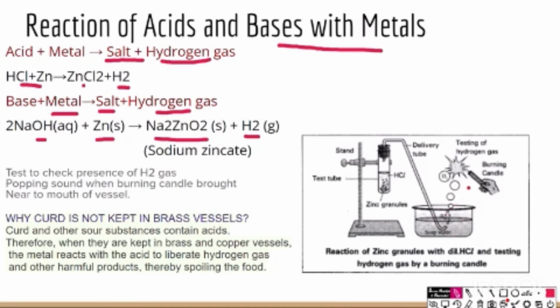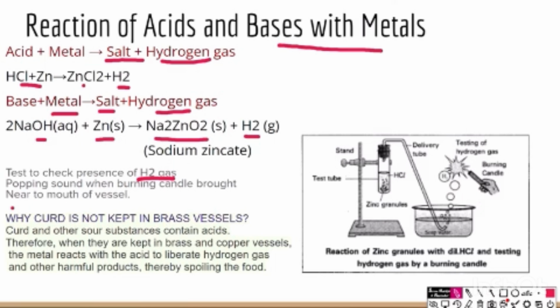Then we bring a burning candle or a burning matchstick near this solution, and we see that the candle burns with a pop sound. So this is a characteristic test for the presence of hydrogen gas. If the burning candle burns with a pop sound, that indicates that hydrogen gas is being liberated in the reaction.